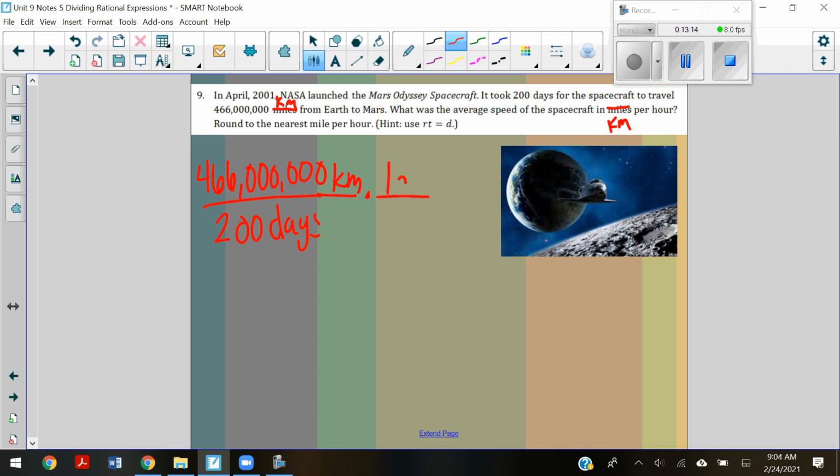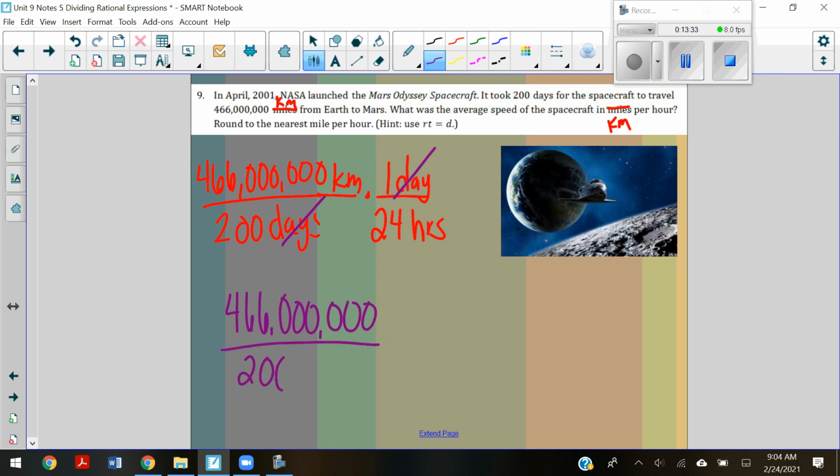We're going to put 1 day on top and 24 hours on the bottom. So our day cancels, and what we're left with is taking 466 million and dividing it by 200 times 24. When you do this, if you put it all in your calculator, you need to put those two in parentheses. Then it says round to the nearest mile.